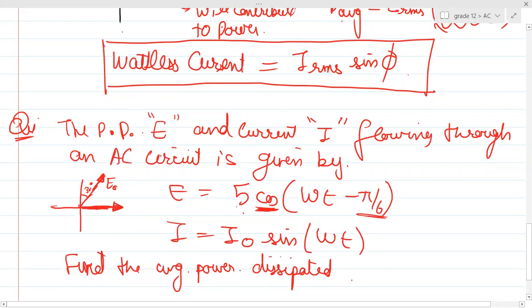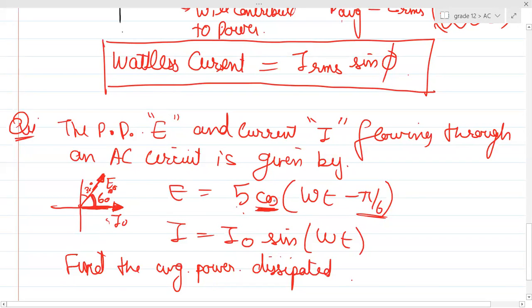So can anyone tell me what is the angle between them? Phi was basically the phase difference by which the current was leading. So can you see here the current is lagging by a phase difference of how much? 60 degree. So you have to analyze this based on this function.